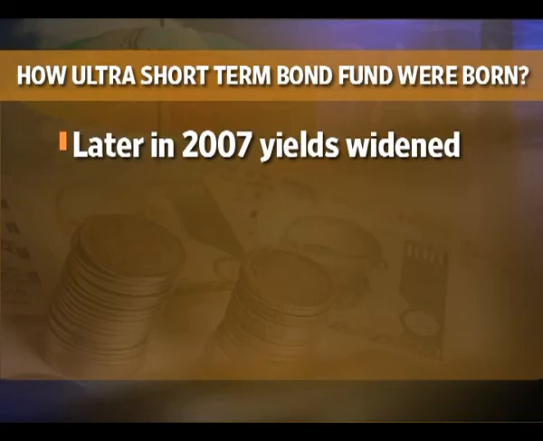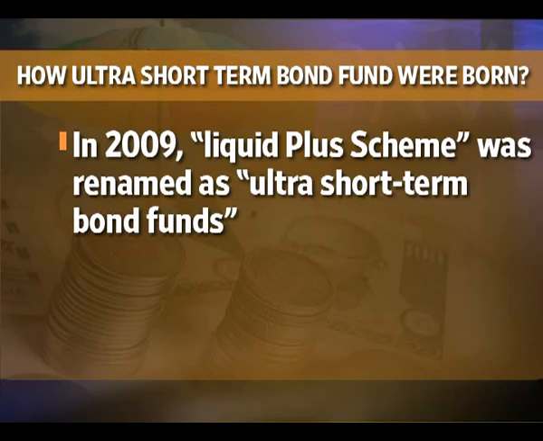And last but not the least, in around 2006 and 2007, the short-term yields also crashed, they came down, as against the long-term debt yields, which means investing in slightly longer-term debt papers attracted more returns as compared to investing in slightly lower maturity debt papers. So all these three incidents gave rise to a new category of mutual funds called ultra short-term bond funds. Earlier it was known as liquid plus schemes, but in 2009 it became known as ultra short-term bond funds.